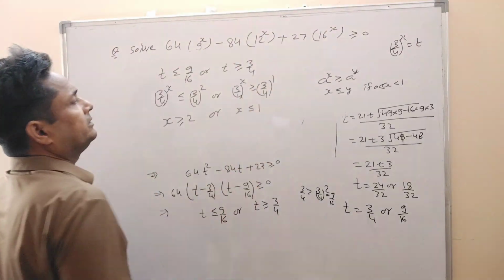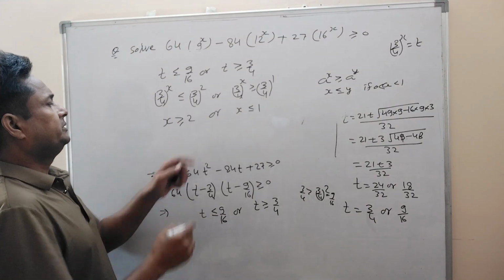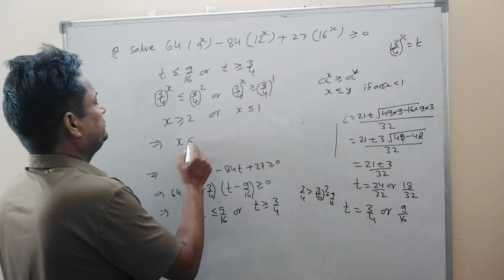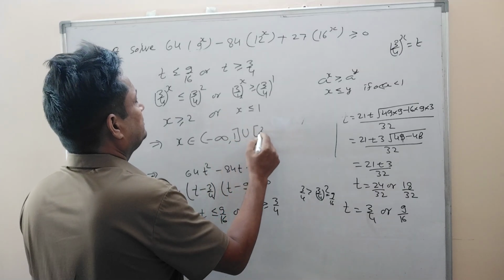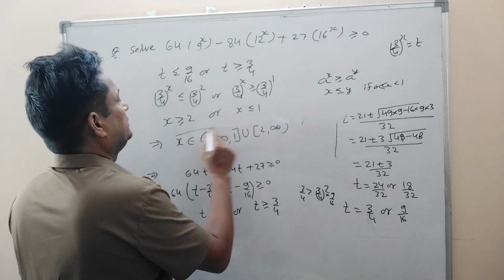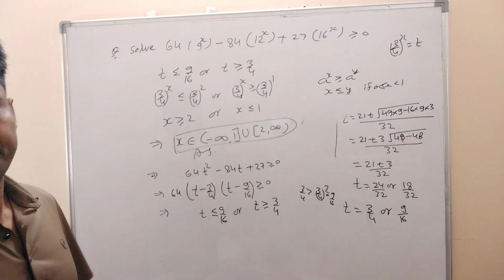This is power 1. So x belongs to minus infinity to 1 union 2 to infinity. So this is our answer for this case.